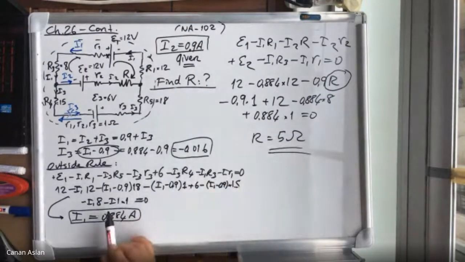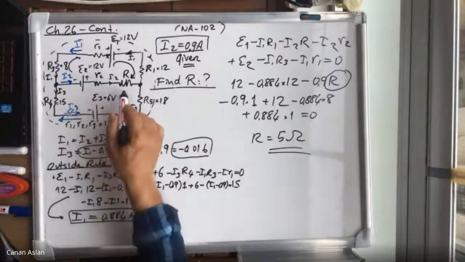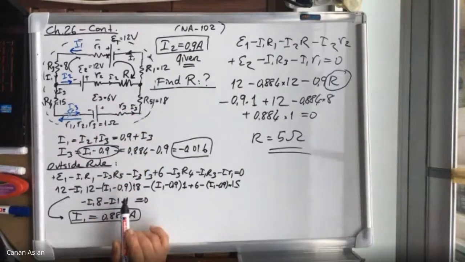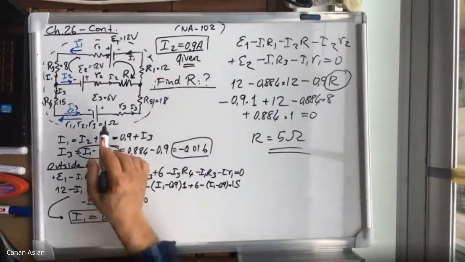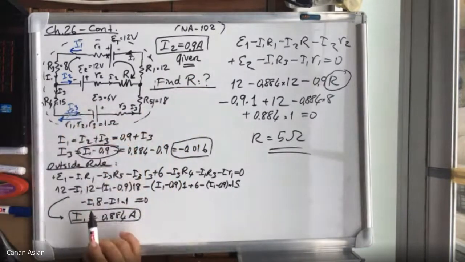As you see, for this problem, because one of the currents was given, we didn't have to do the other loop equation, because in that case, we would have to find also I2 to get another loop. We would use the lower part, for instance.